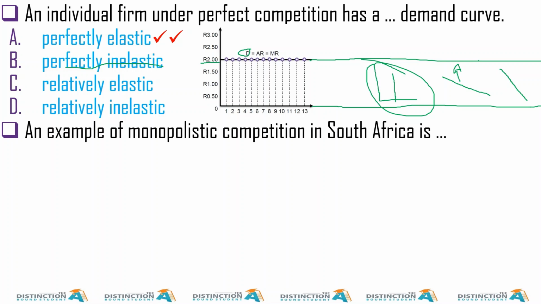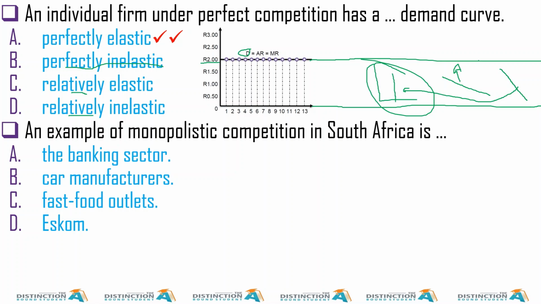So this one here is close to that because it's almost inelastic, but it's not. So we say it's relatively inelastic, and this one, since it's close to being perfectly elastic, is relatively elastic.